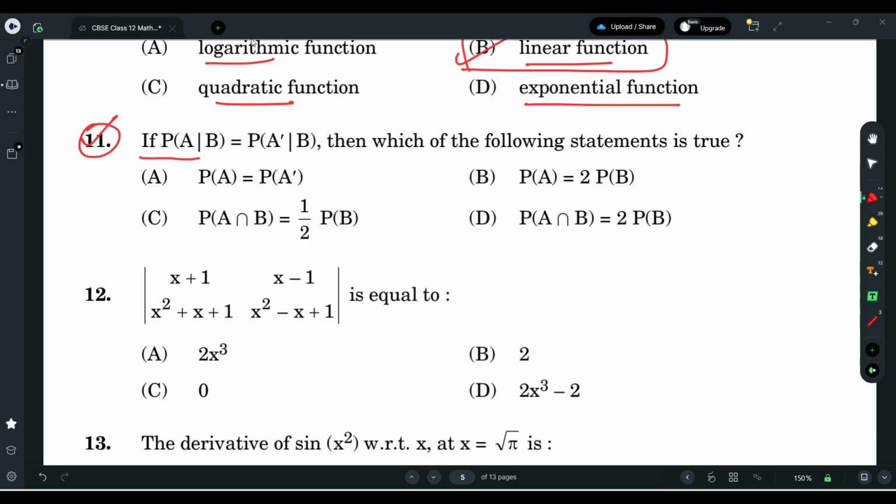If P of A condition B is equal to P of A complement condition B, then which of the following statements is true?